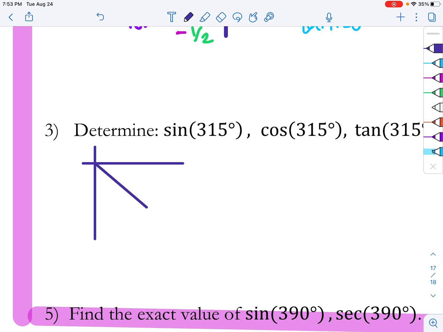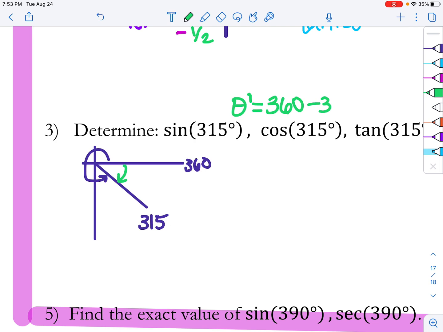So the way I would do this is say, okay, this is 315 degrees. This is 360. I need to figure out my reference angle first. So my reference angle is 360, the bigger angle first, minus 315, which is 45. So the reference angle is 45 degrees.